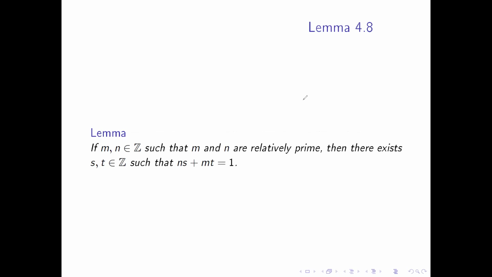So Euclid's algorithm is where, let's say I have two numbers, m and n, and we'll let m be bigger than n without loss of generality. Then we can write m is equal to q1 times n plus r1.